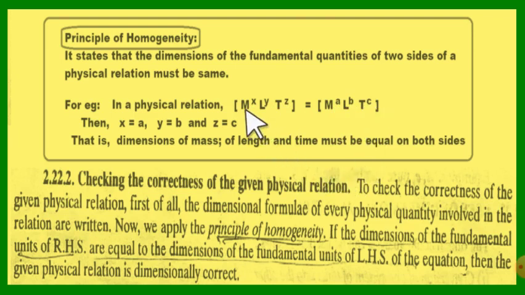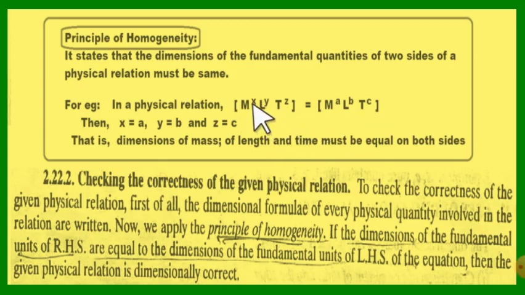These are the fundamental units: mass, length, time. On the left hand side, the dimension of mass is x, of length is y, of time is z. On the right hand side, likewise, the dimension of mass is a, of length is b, of time is c. So the principle of homogeneity states that the dimensions of the fundamental units on both sides must be the same.